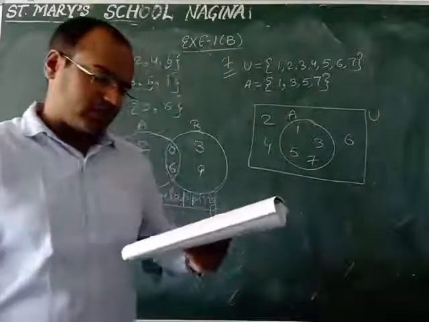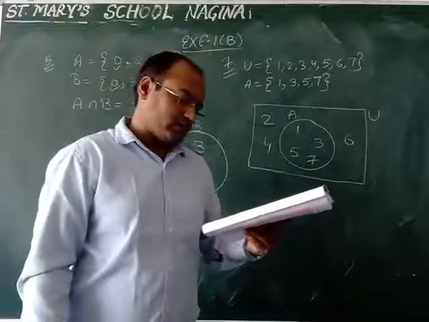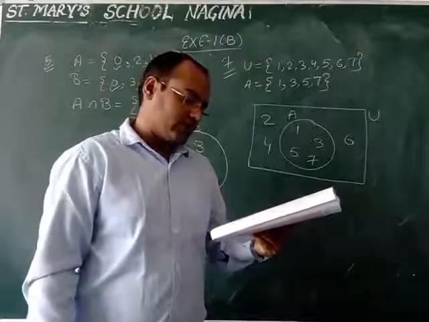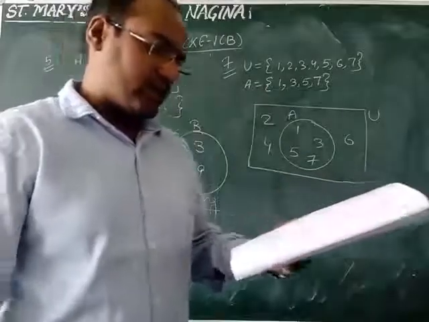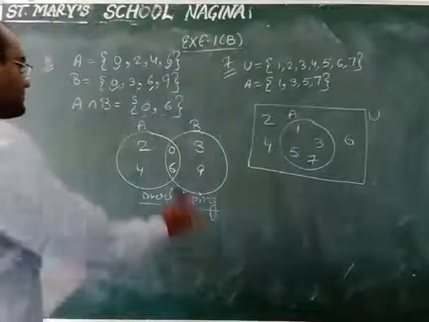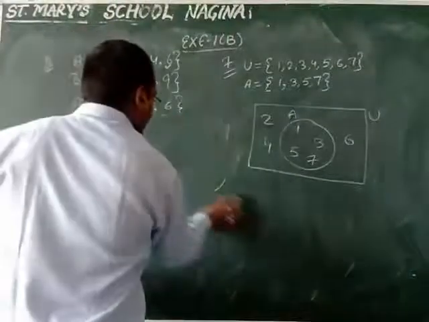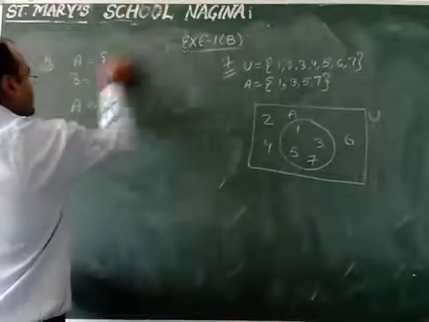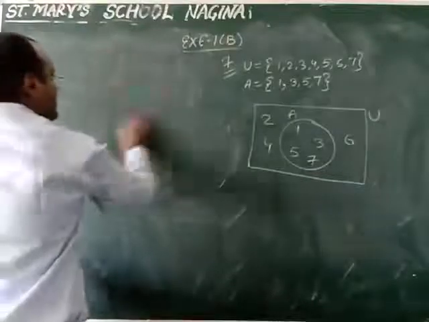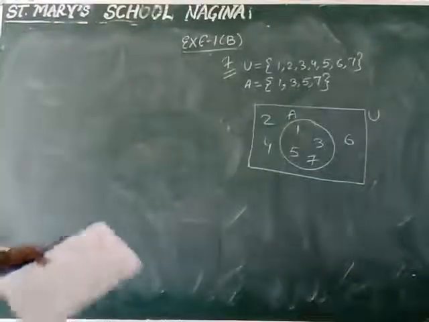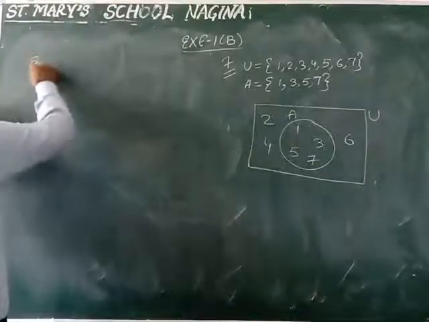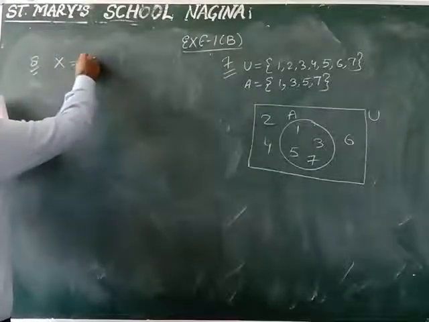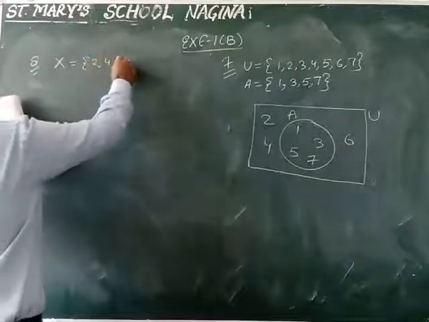Now question number 8. First of all, we will write what is given in the question. Set X is given: 2, 4, 6.